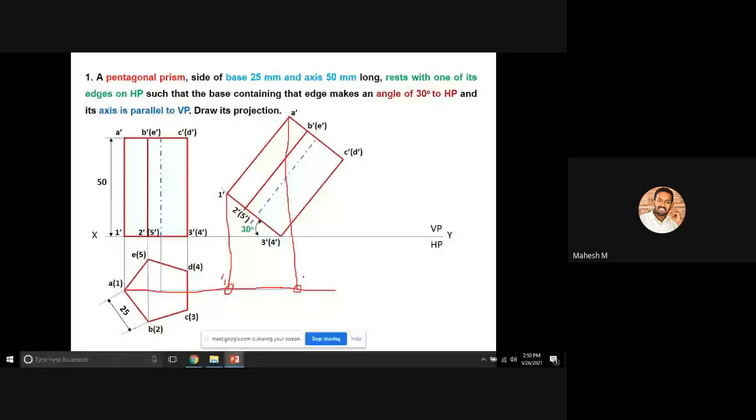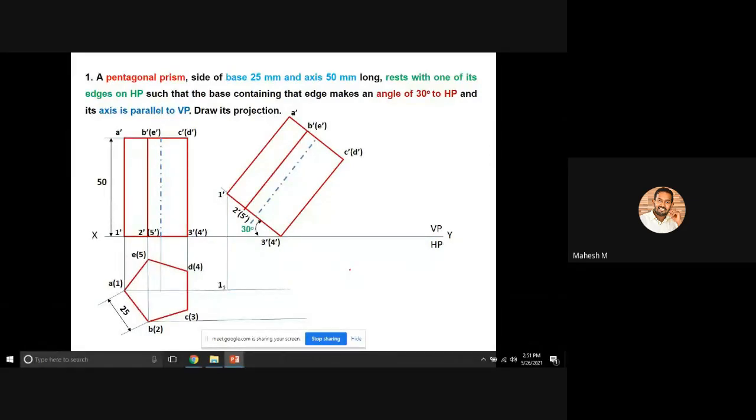Similar to that, you can have all the 10 corners. Project B of 2 towards the top position, and also you'll have a vertical line for 2. That particular point can be marked as 2 1.